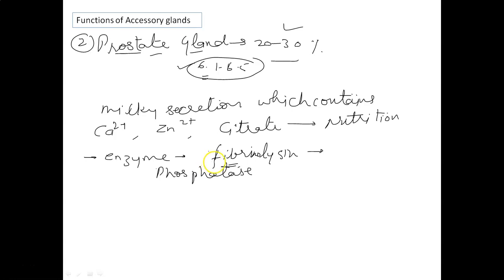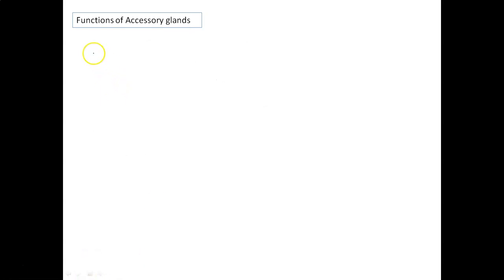It helps the sperms to live longer and be more mobile. Now we'll see the third accessory gland, Cowper's gland. Cowper was the scientist who discovered this gland. Cowper's gland is also known as the bulbourethral gland.